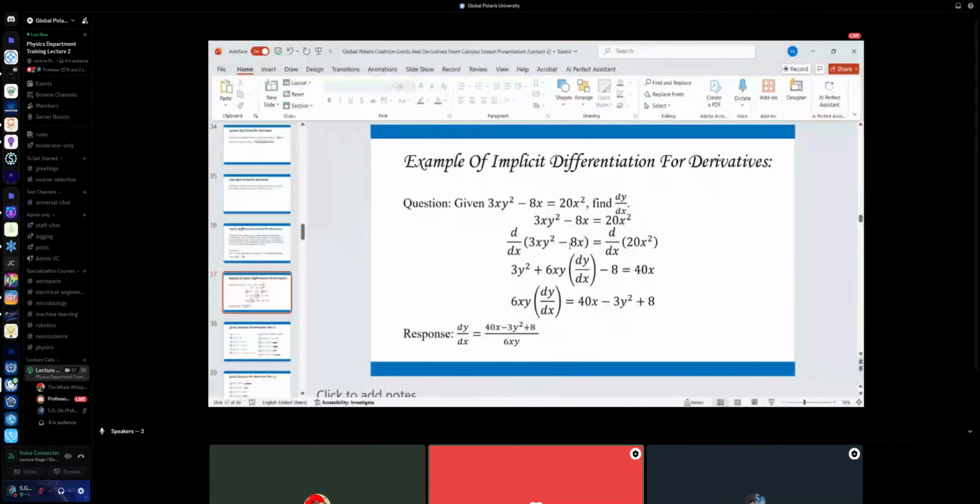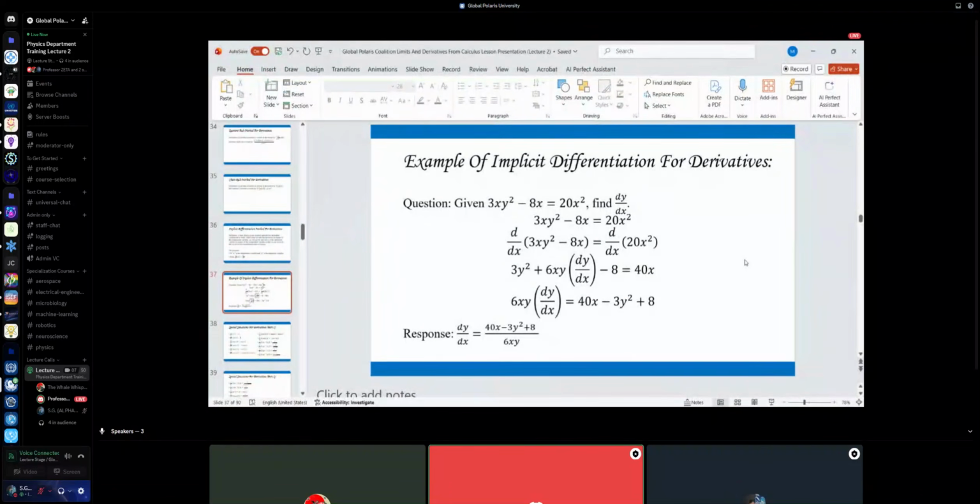Then the derivative of minus 8x: anything with a degree of 1, the derivative is always the constant, and every derivative of a constant is equal to 0. So it becomes minus 8. Then the derivative in respect of x of 20x squared, that's the power rule, n is 2, so 2 times 20 is 40, and 40 times x to the power 2 minus 1 is x, so 40x we have there.